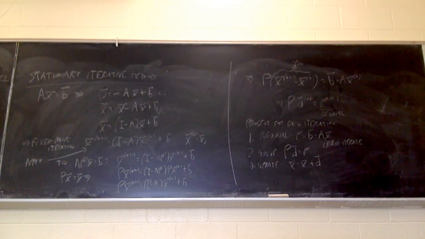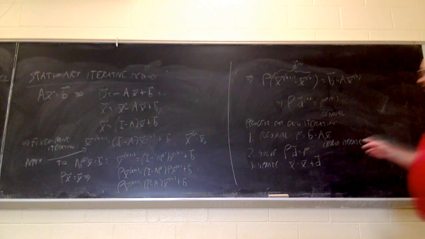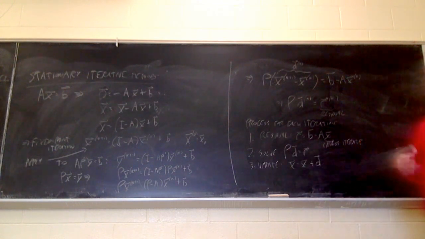Because at that point, our iterates have essentially converged. So any such iterative method can be described using this framework, and now we see why systems involving P have to be easy to solve.